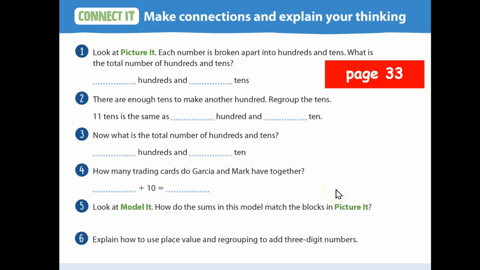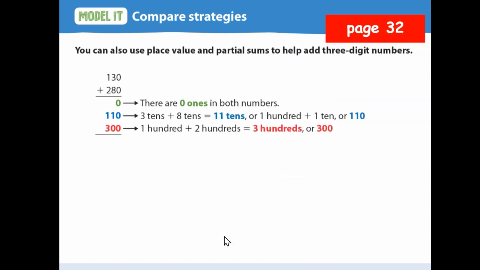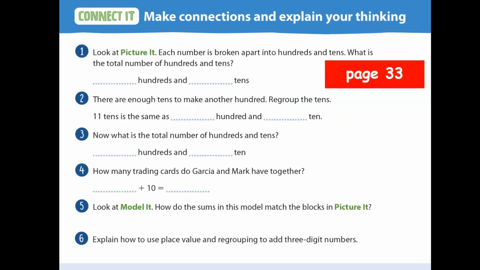It says, look at it, picture it. Each number is broken apart into hundreds and tens. What is the total number of hundreds and tens? Right? So we learned that there were 400 total, and there were 110, right? There are enough tens to make another 100.